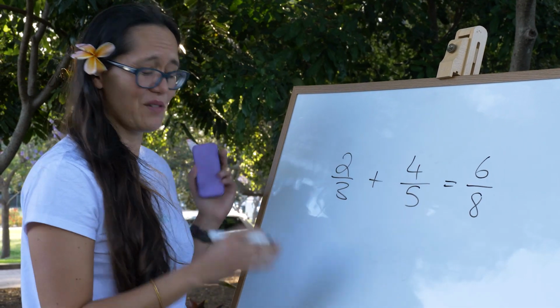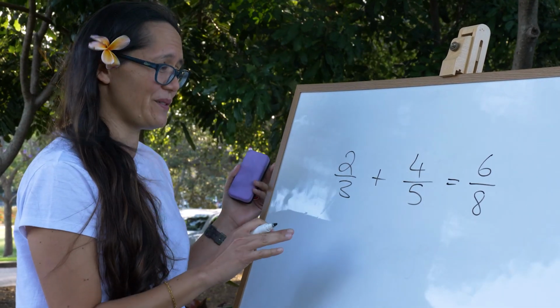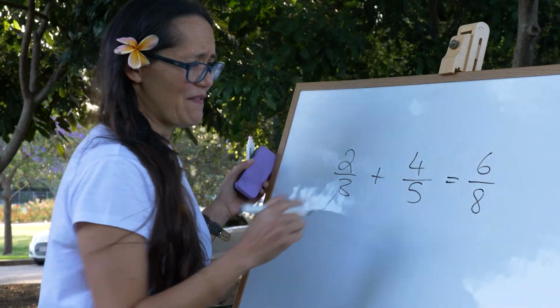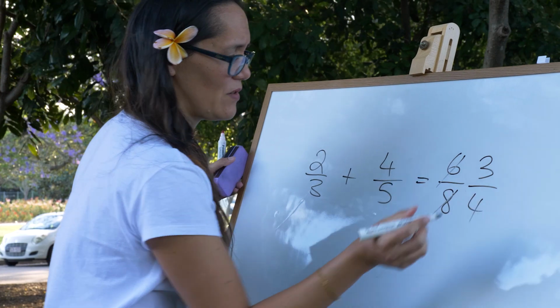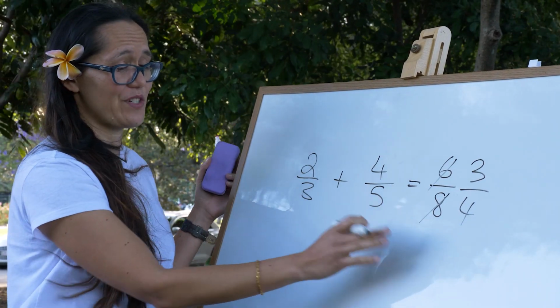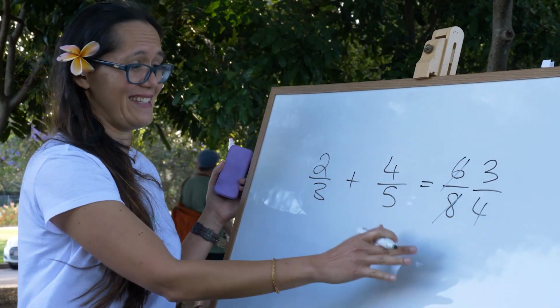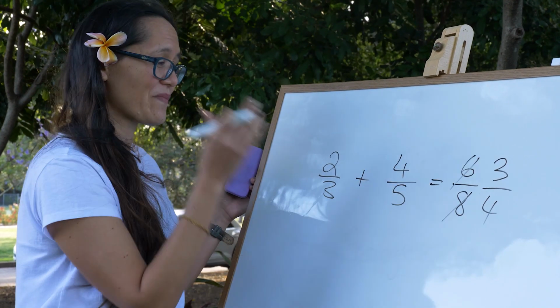That's actually a really reasonable thing to do. If they went further and reduced that fraction and realized that's actually 3/4, that's great. We should absolutely praise kids if they get this result.